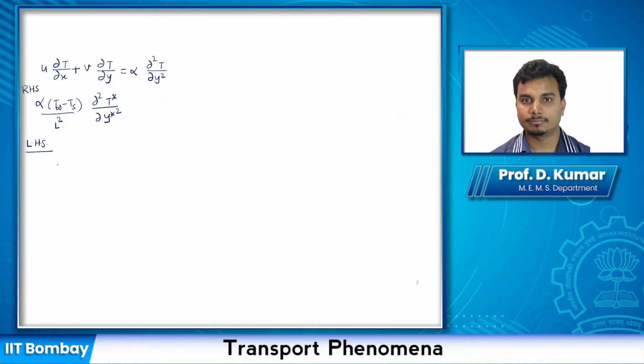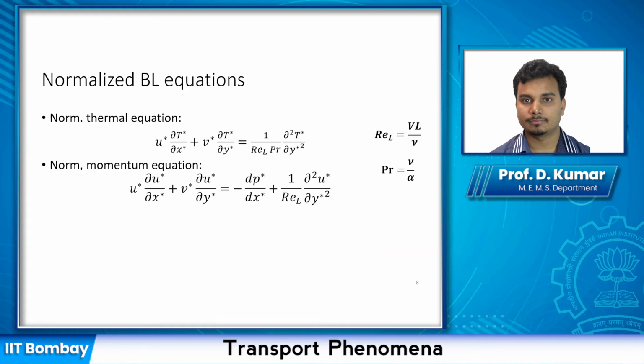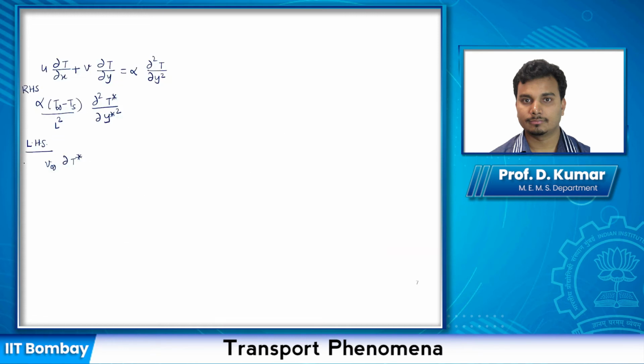So you will have V infinity, and T we can write as T star, sorry, T star you will have to multiply by T infinity minus Ts, similar to what we did there.